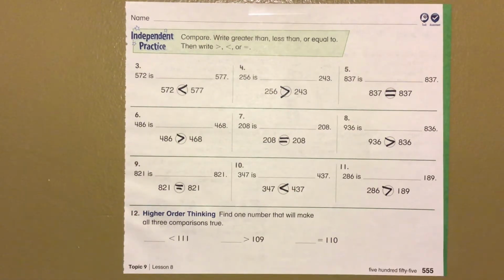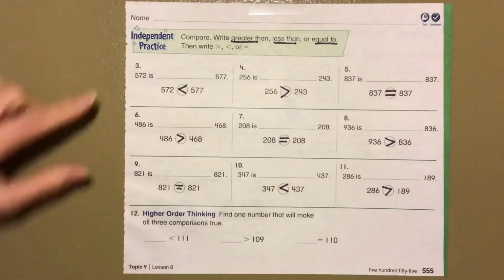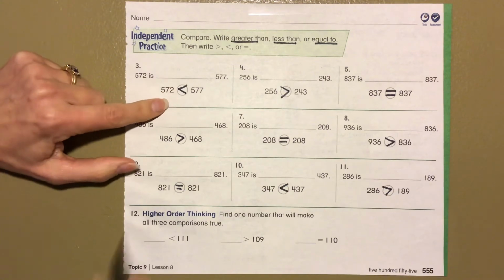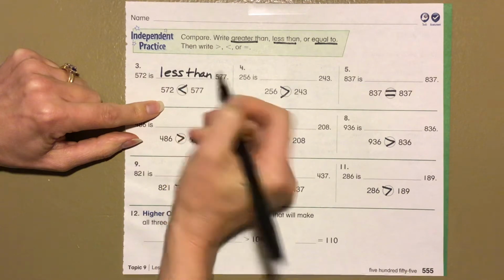Okay, so now we're going to put in the words greater than, less than, or equal to. Okay, so we know this is smaller. So we know 572 is less than 577.